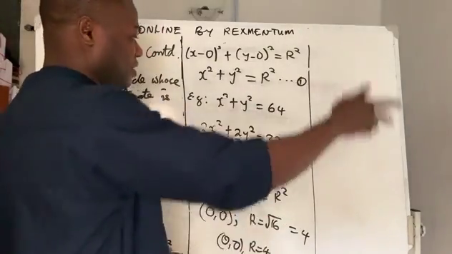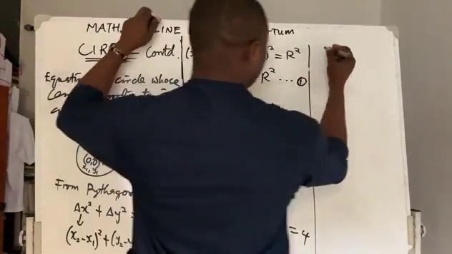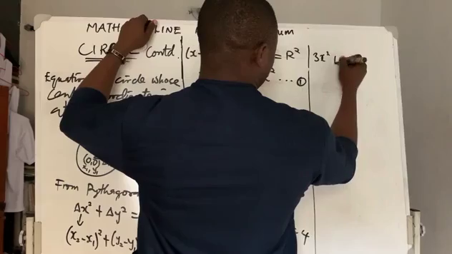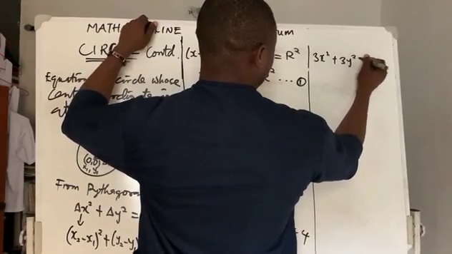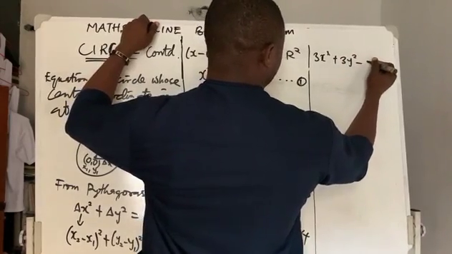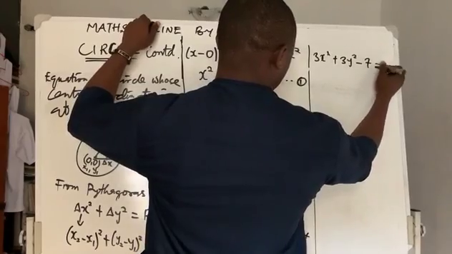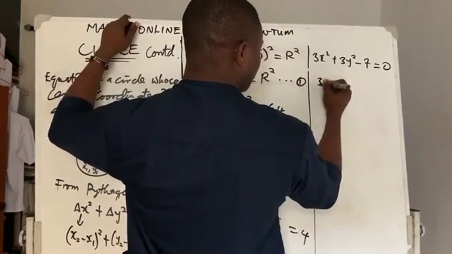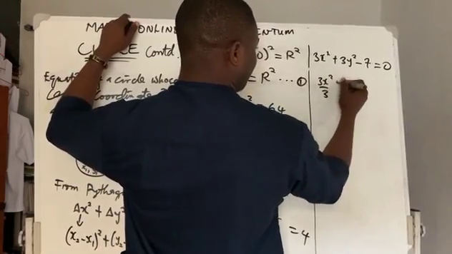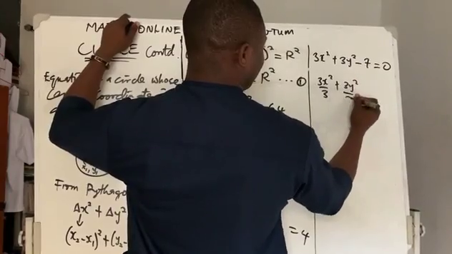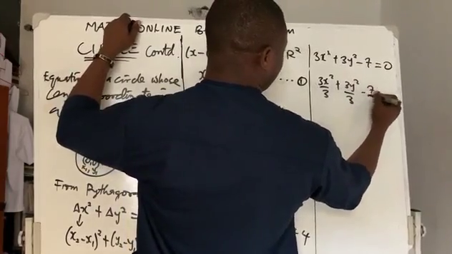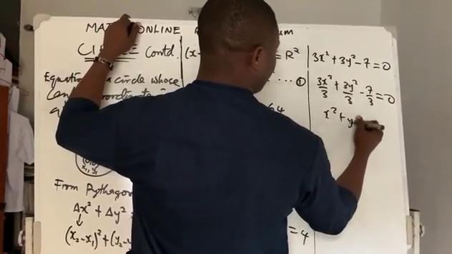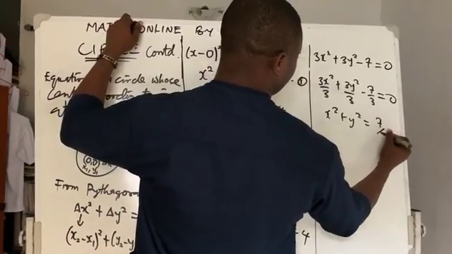Whether at the other side of the equation, you can have it of this form. Let's say 3x squared plus 3y squared minus 7 equal to 0. If you are asked, first of all, reduce it. It becomes 3x squared divided by 3 plus 3y squared over 3 minus 7 over 3 equal to 0, which will give you x squared plus y squared equal to 7 over 3.